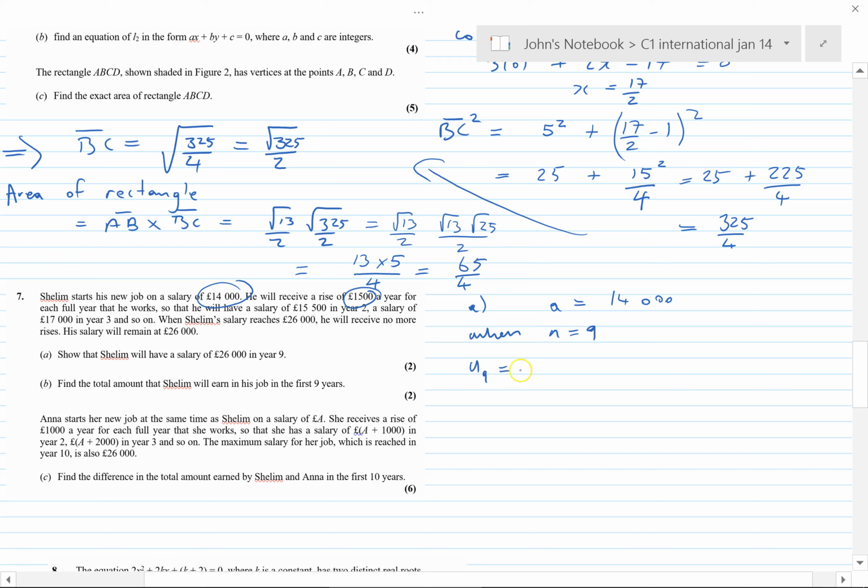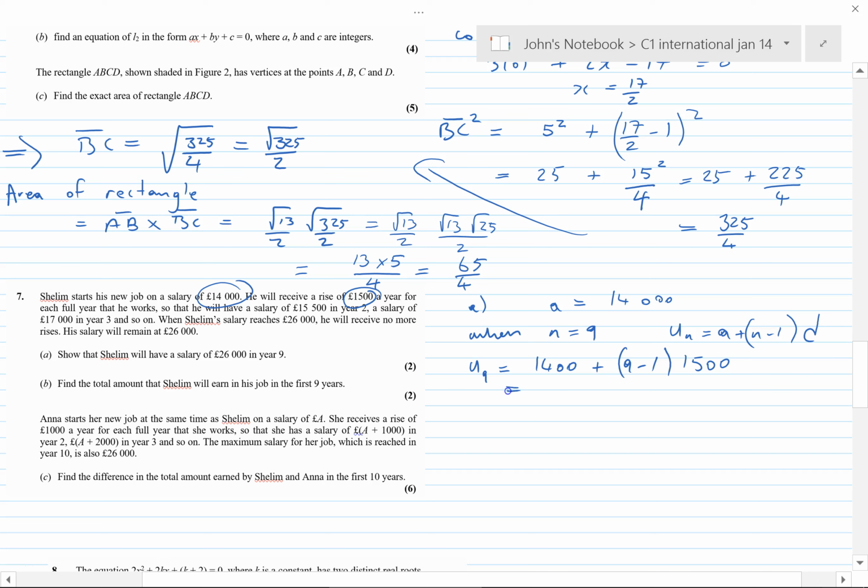U9 equals 14,000 plus 9 minus 1. It's probably a good idea to quote the formula as well, just to tell the examiner what we're doing. 9 minus 1 times d, which is 1,500.